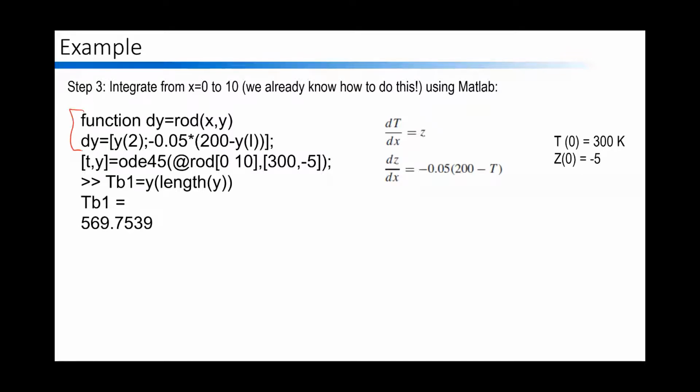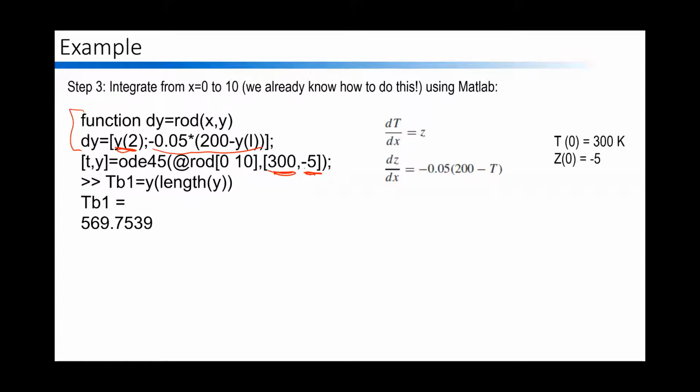So here I have this function that contains my dT/dx equals z, and then dz/dx is negative 0.5 times 200 minus T. And then I can use an ODE solver to solve that out using the 300, the point that we do know, and then that negative 5, the point that we guess. And then we can solve this out from 0 to 10.